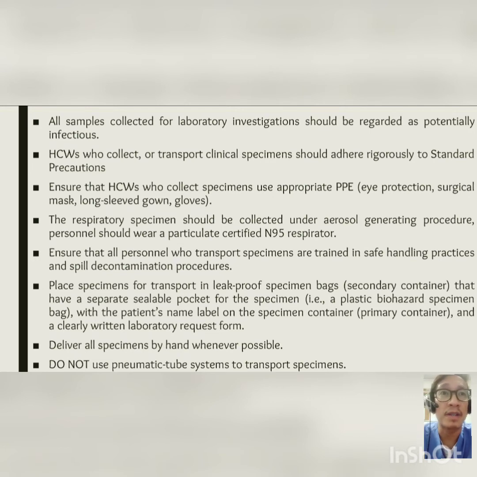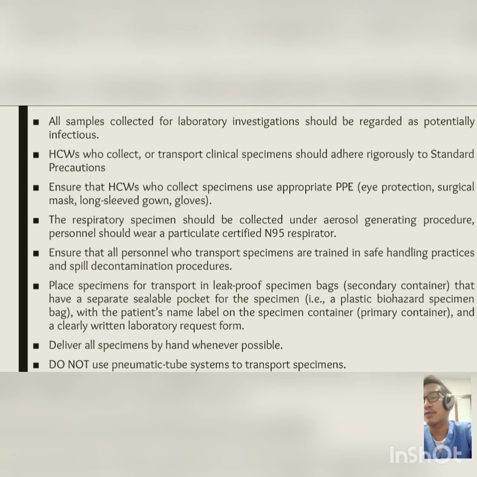Respiratory specimens should be collected under aerosol generating procedures. Personnel should wear a particulate certified N95 respirator. Ensure that all personnel who transport specimens are trained in safe handling practices and spill decontamination procedures. Place specimens for transport in leak-proof specimen bags that have a separate sealable packet for the specimen, with the patient's name label on the specimen container and a clearly written laboratory request form.